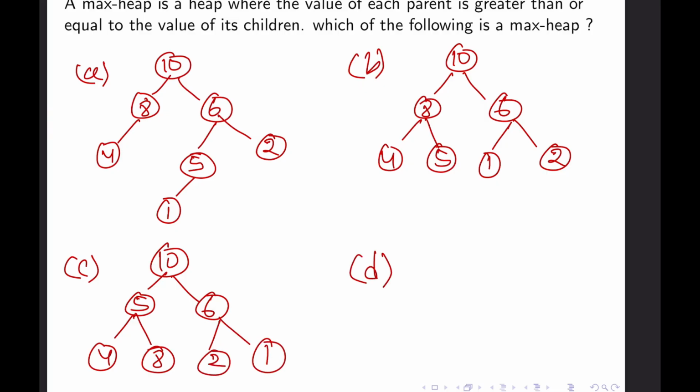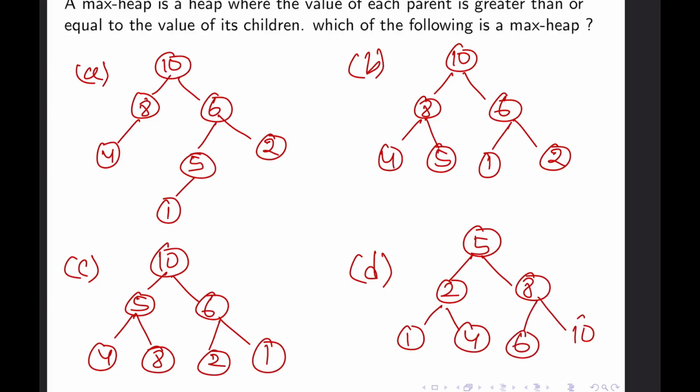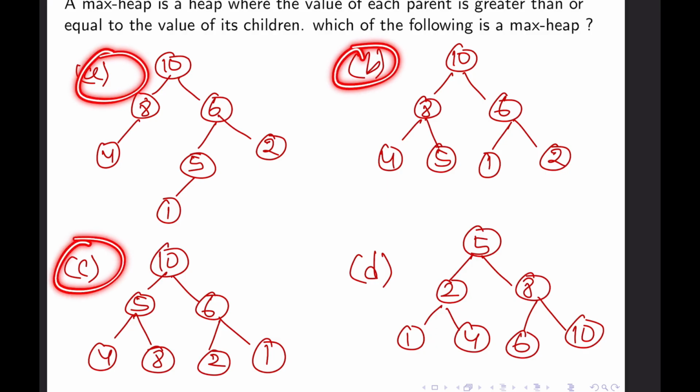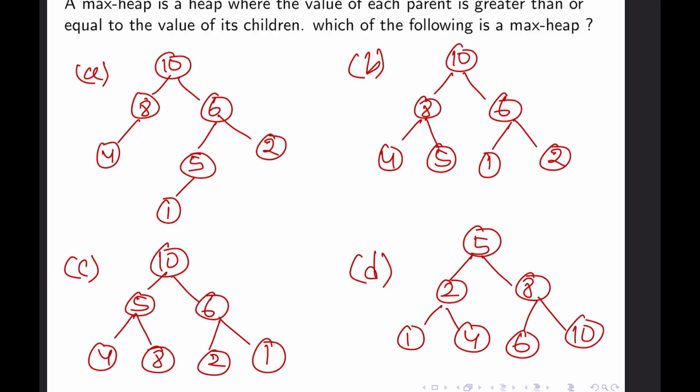Then D: 5, 2, 8, 1, 4, 6, 10. These are the exact options that were asked in an exam, and I am explicitly writing the exam name. It was asked in GATE 2011. You can imagine how simple the questions asked in the GATE exam are.